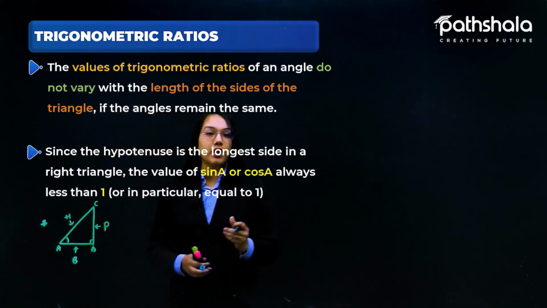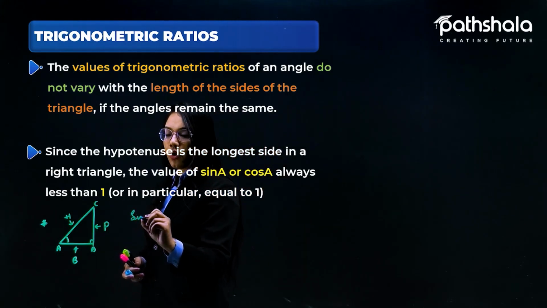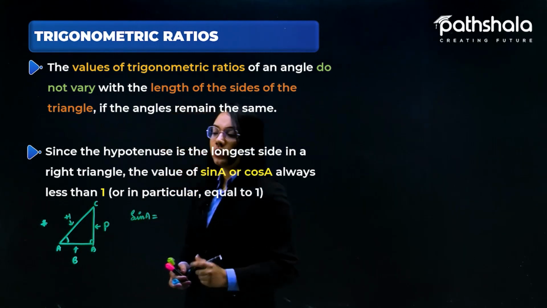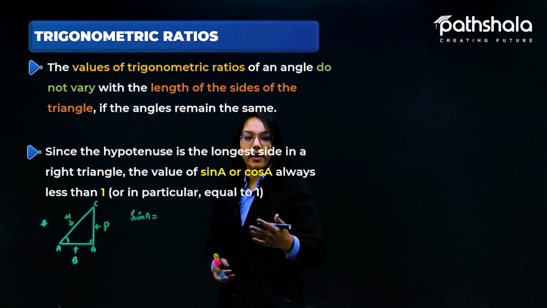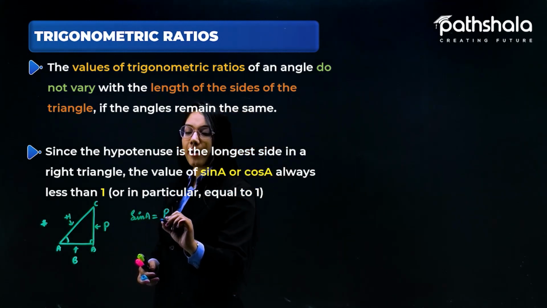If we are talking about the trigonometric ratios, we know that sine of A is equal to the side opposite to the angle A divided by the hypotenuse. So we can write it as perpendicular by hypotenuse.